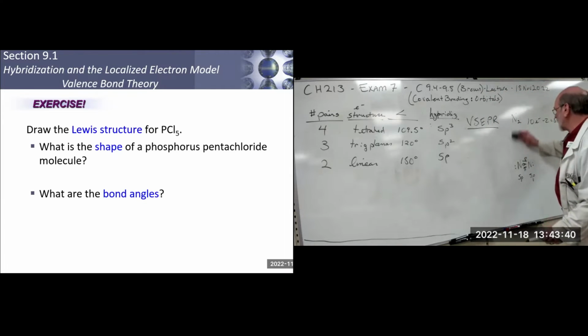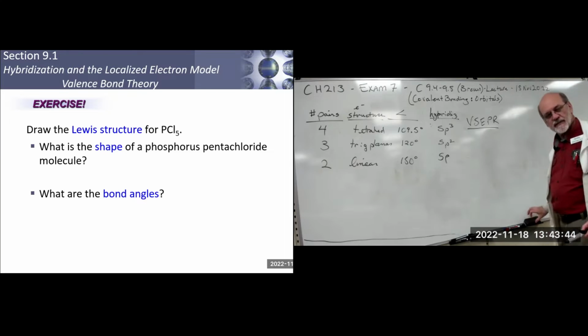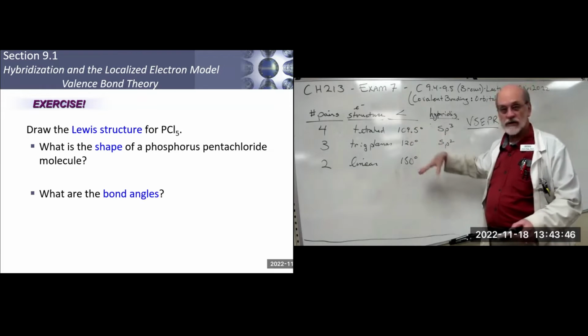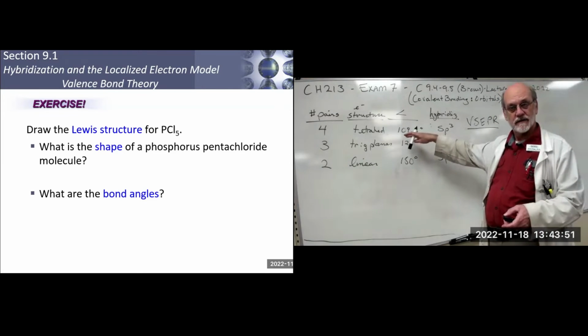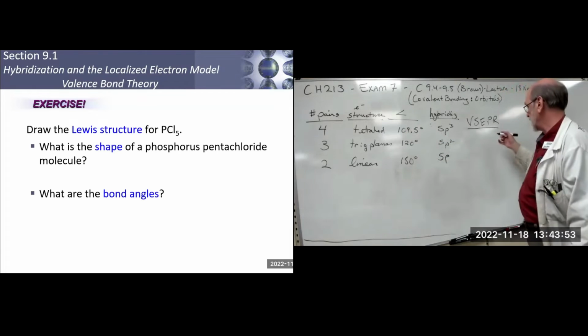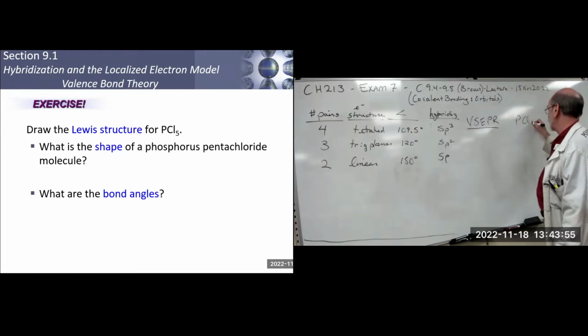Now let's get more complicated, right? Because we know with the VSEPR model, we have more than just 3 possibilities. Suppose we have 5 effective pairs. Here's an example, PCl5.